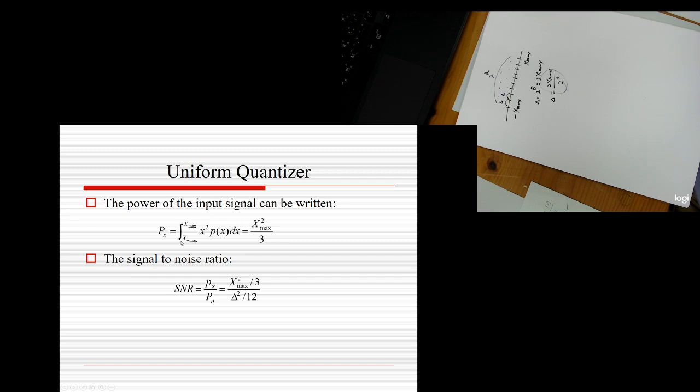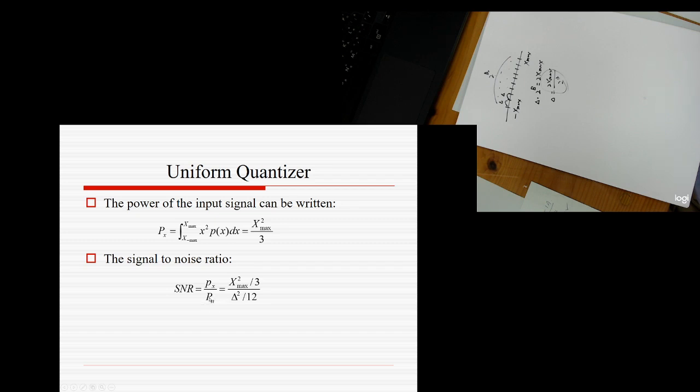The dynamic range is minus x maxima to x maxima, so we can do the integration there and get s maxima squared divided by 3. This is our signal power, and Pn is the noise power.